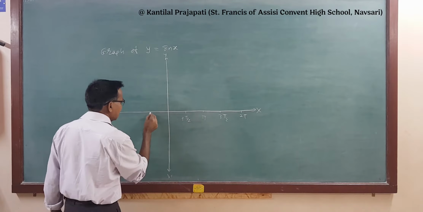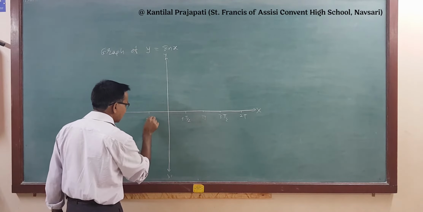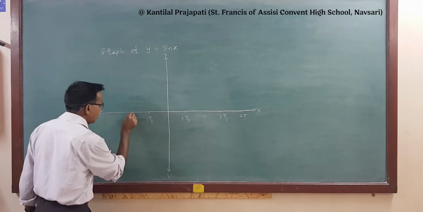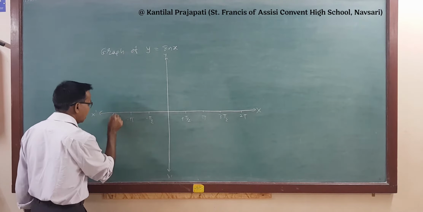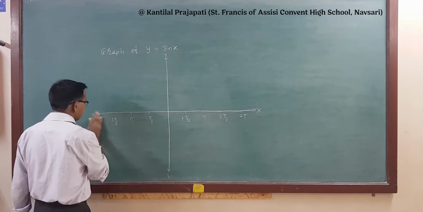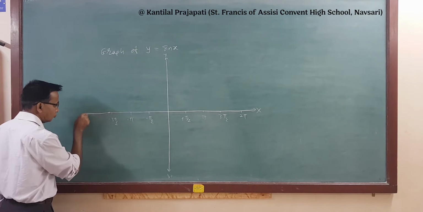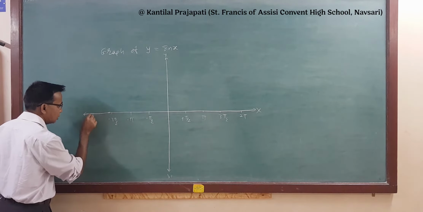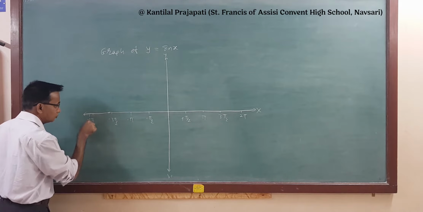Similarly on this side, on the left side, minus pi by 2, minus pi, minus 3 pi by 2, then minus 2 pi.